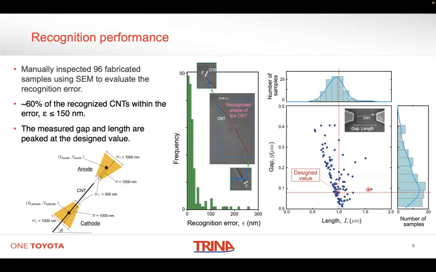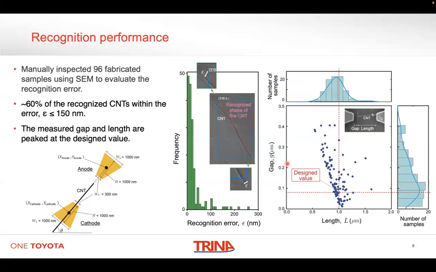Another figure shows the distribution of the fabricated samples in terms of lengths and gaps. Another key point is that the nano gap has a significant influence on the performance of the field emission.